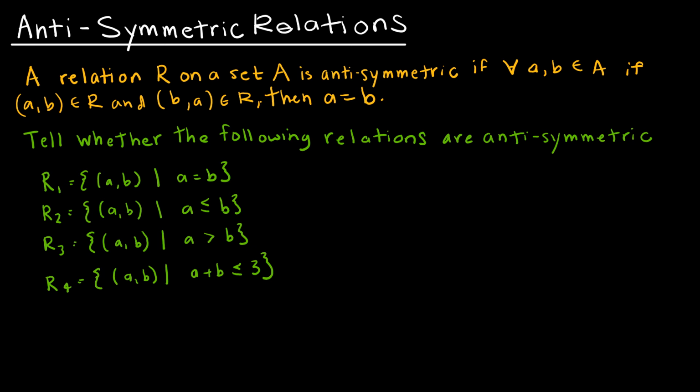So if we were thinking about this in terms of our logic, we would be saying for all a and for all b, (a, b) belongs to R and (b, a) belongs to R implies a equals b.